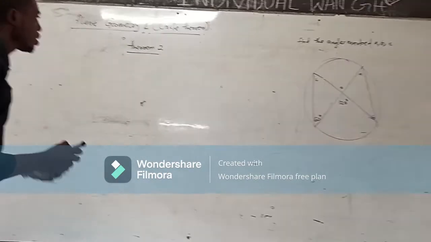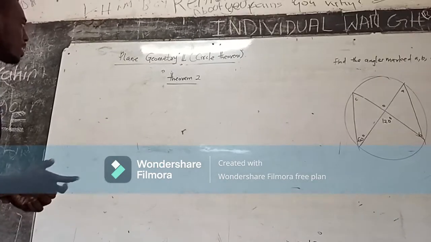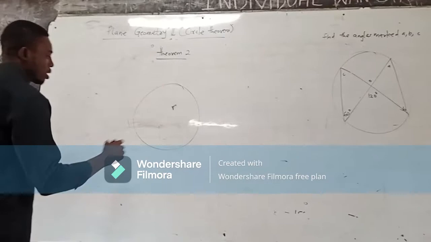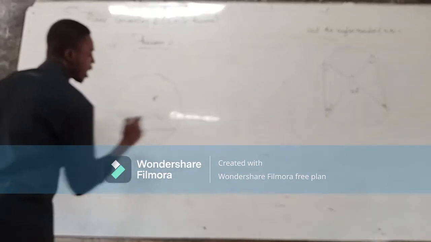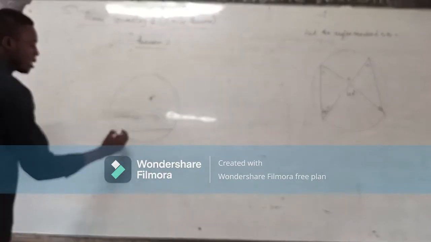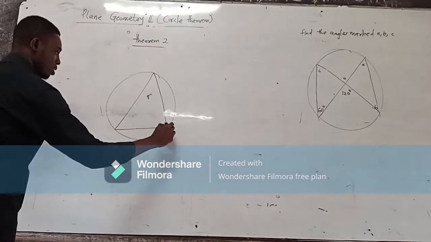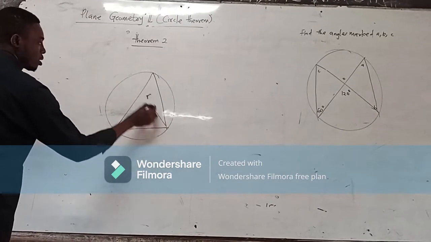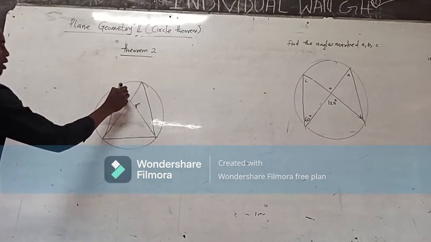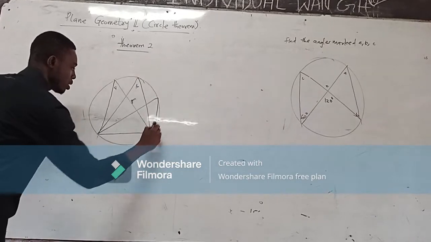So the second rule or the second theorem is just saying that if we are having angles that are all standing on the same chord to the circumference of a circle, we are saying that if we have A and B, let's even increase and have something here.